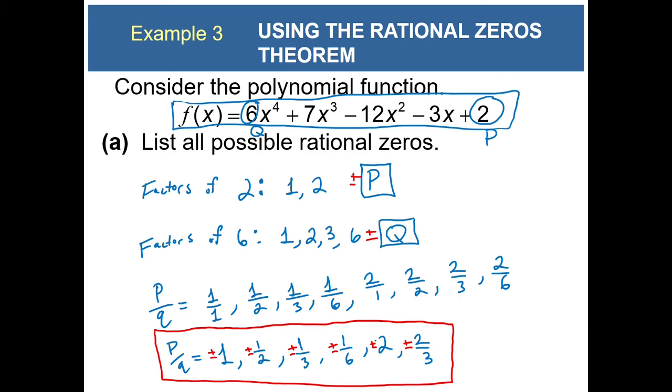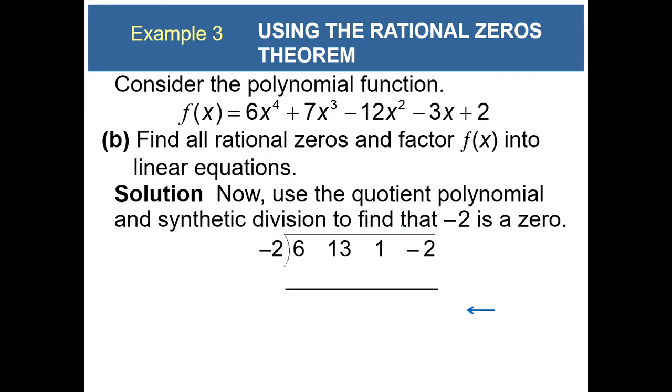Now I have done that, and I know that negative 2, when you plug it into the function, gives us a 0. So f of negative 2, if you were to plug it in a calculator, you would get a 0. Now we are going to use the quotient polynomial and synthetic division to find that negative 2 is a 0.